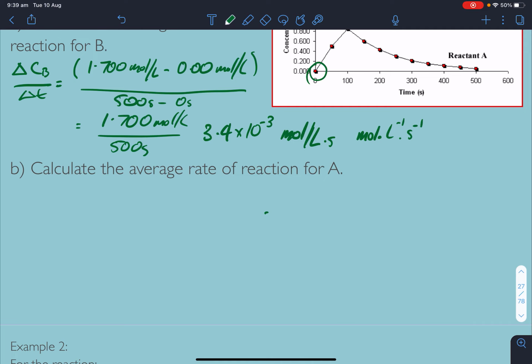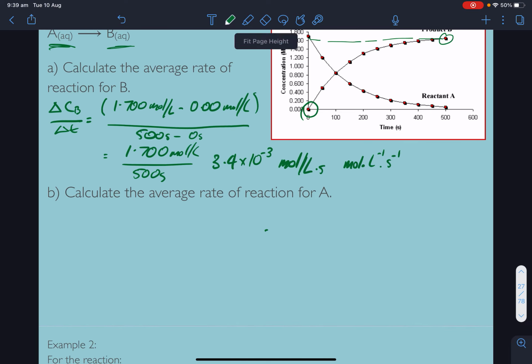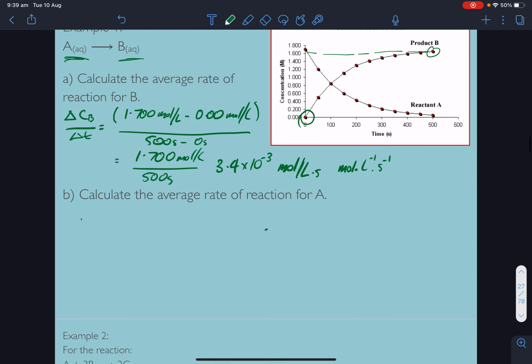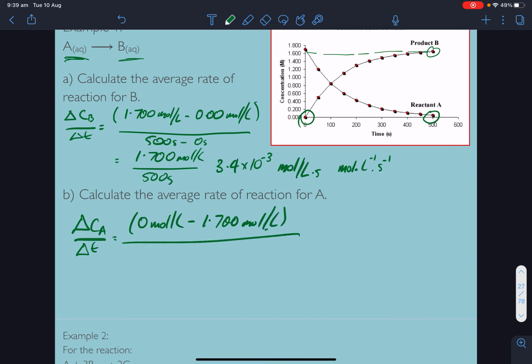Okay? The average rate for A, okay, so the change in the concentration of A over the change in time equals the final concentration, which is down here, which is 0 moles per litre, minus the initial, which is 1.7 moles per litre, over the final time, 500 seconds, minus the initial time.